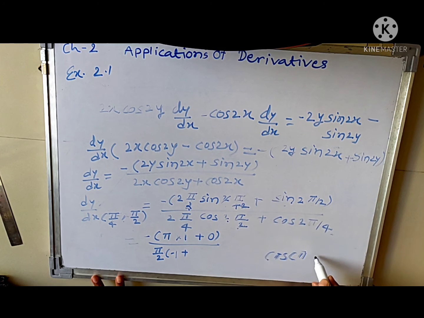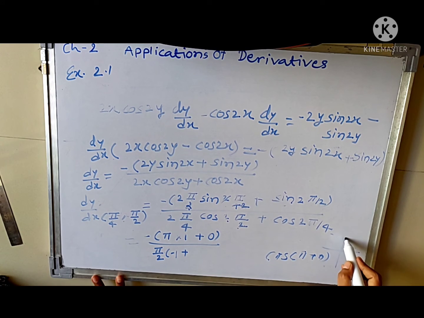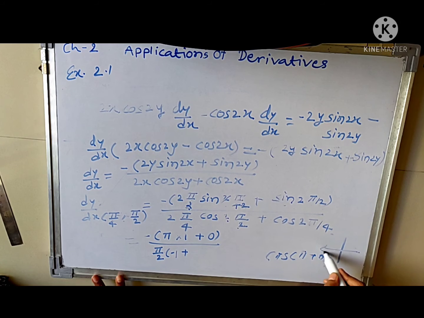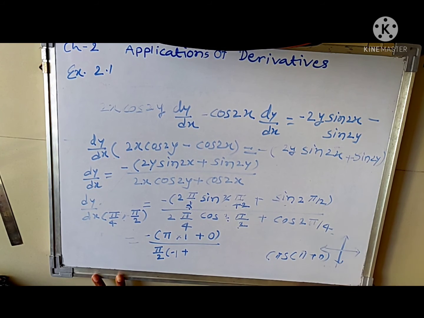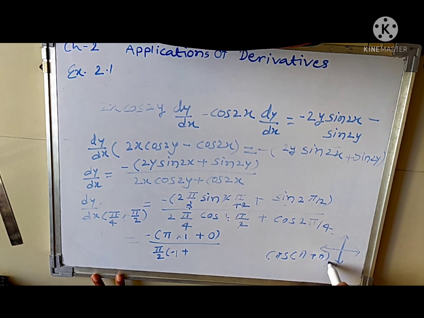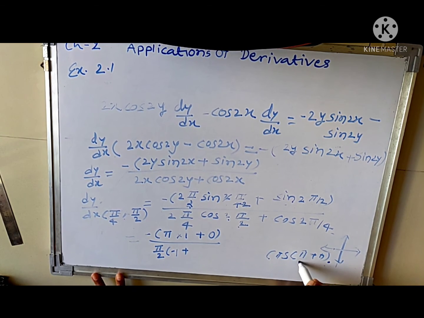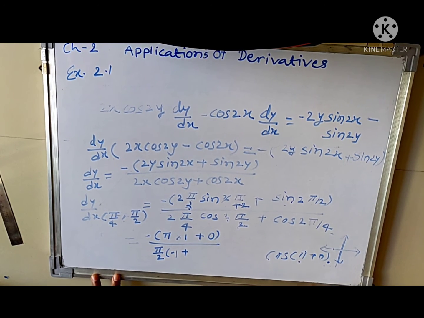You have to write cos of pi plus 0, then all silver teacups, pi up to here, plus is there, therefore the angle goes to the next quadrant, then it is an even multiple of pi by 2, therefore you have to write cos 0, right?